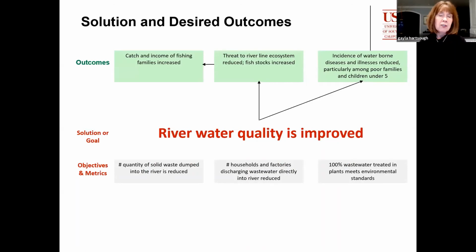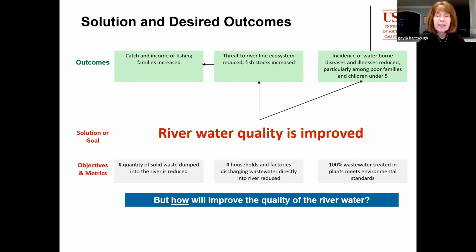The objectives and the metrics ended up being our contributing factors. So our objectives to achieve our goal that the water quality is improved is that the quantity of solid waste dumped into the river is reduced. The number of households and factories discharging wastewater directly into the river is reduced. And thirdly, 100% of the wastewater treated in plants meets environmental standards.